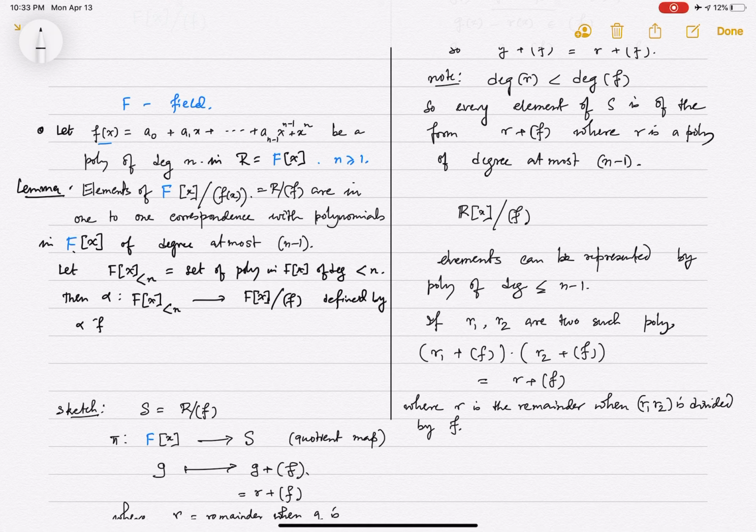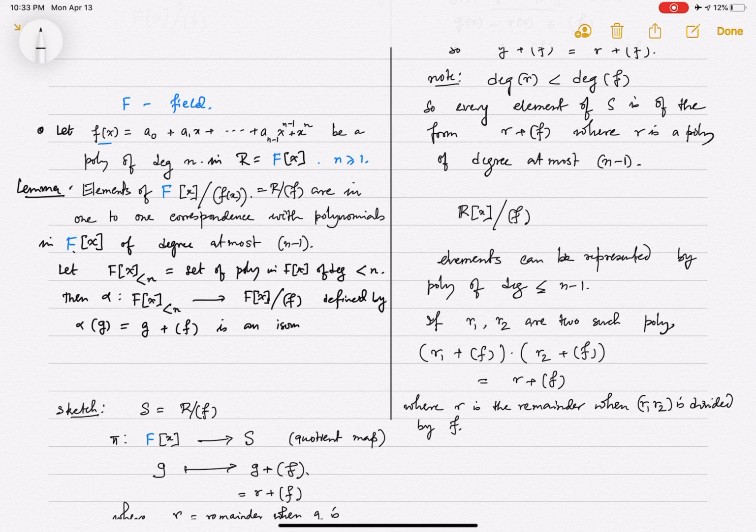Alpha of a polynomial, cannot call it f, f is the fixed polynomial. Alpha of g is g plus the ideal. So g going to the coset of g is an isomorphism.